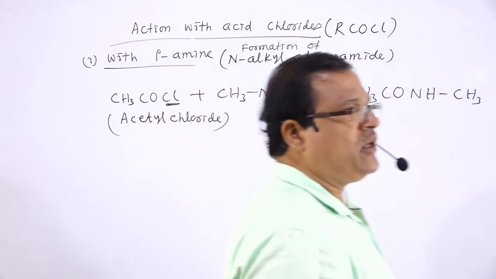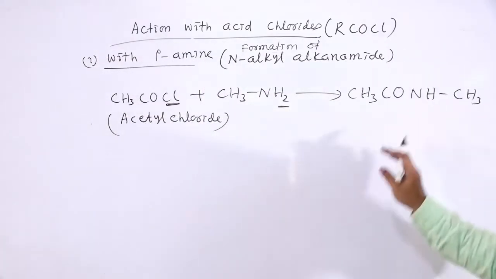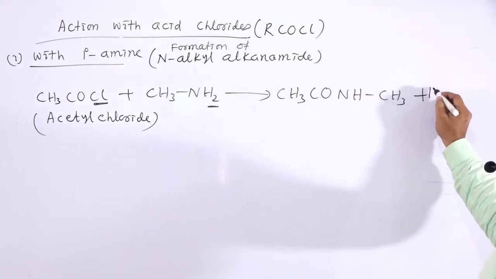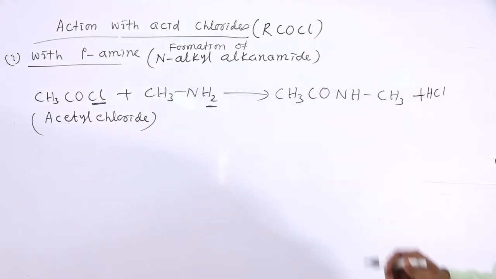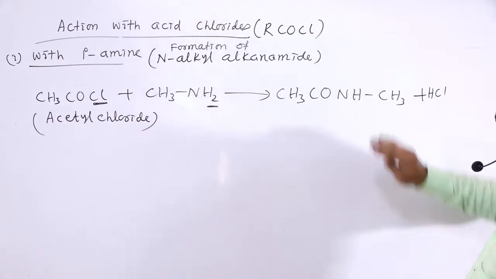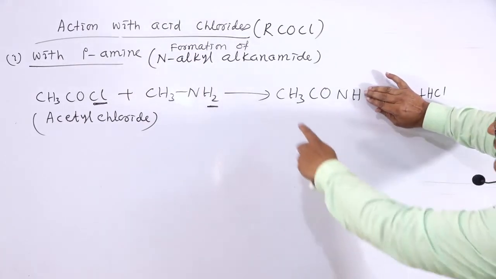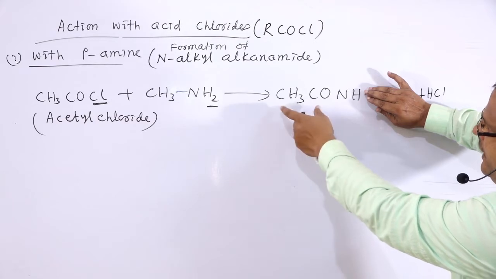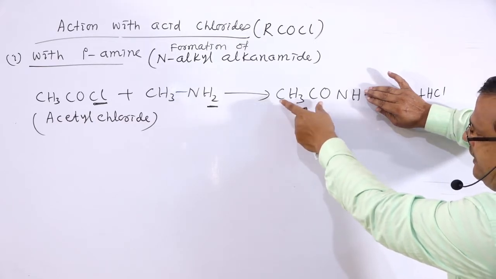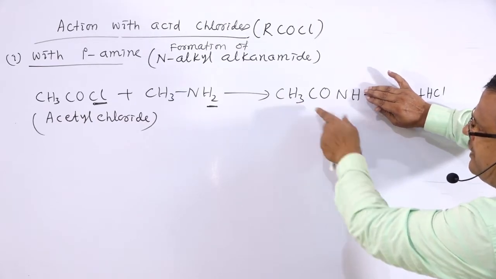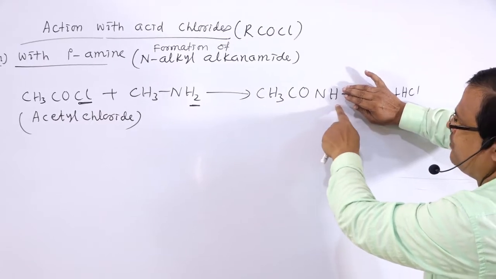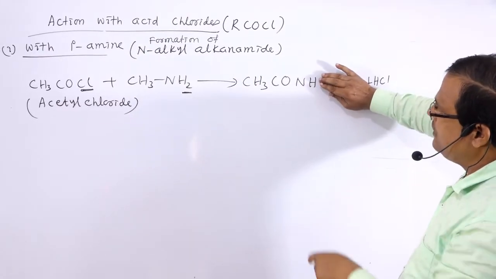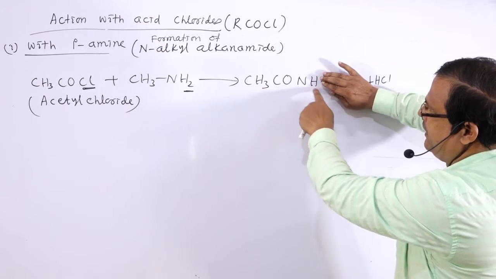How do we name this compound, CH3CONHCH3 plus HCl? If this group is not there, then it is CH3CONH2.